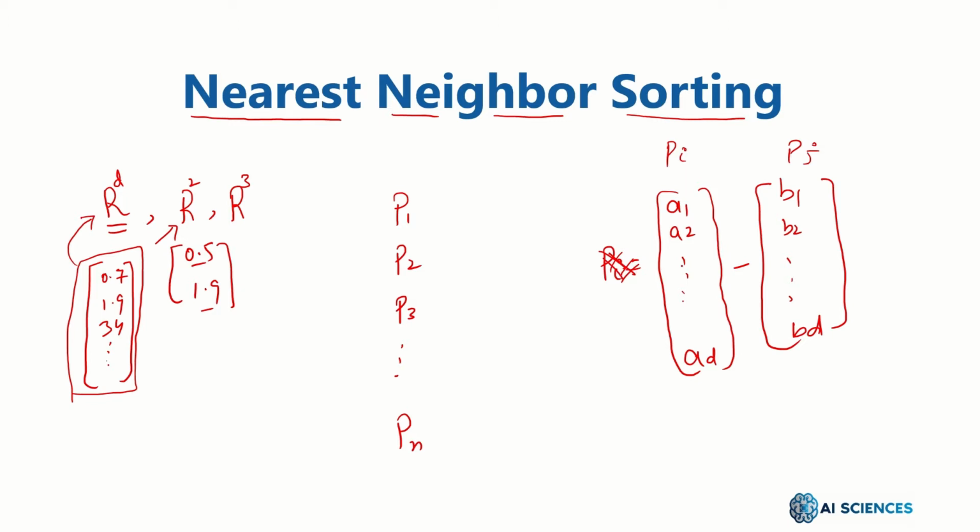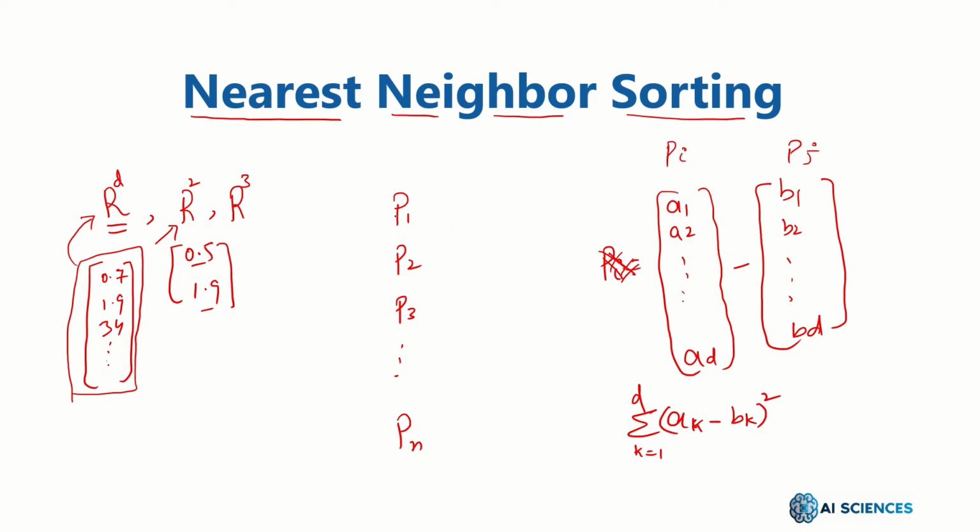Nonetheless, the distance between Pi and Pj is defined as the summation over k from 1 to d of (Ak minus Bk) squared. That's the squared Euclidean distance. If you take a square root at the end, after taking the sum, that is called the Euclidean distance. So that's a number, and that's the distance between Pi and Pj.